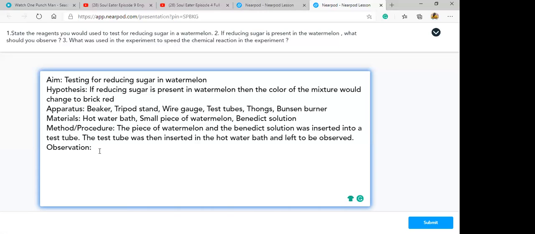So what you observe? You don't remember what you observed? I must tell you what you saw. No, sir. I was wondering.